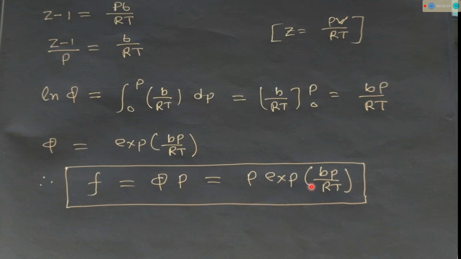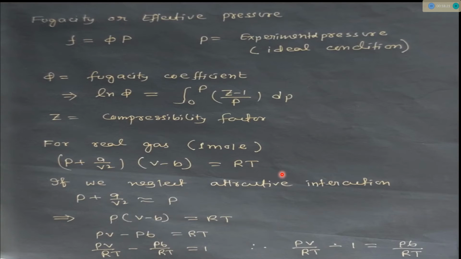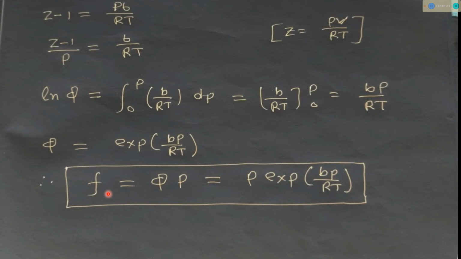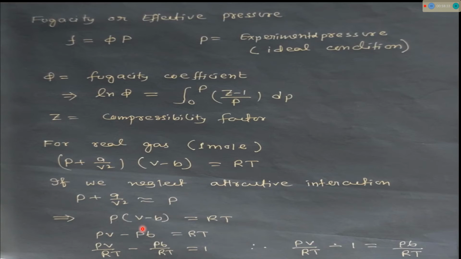This is the equation for the gas where the intermolecular attractive force is negligible, not for the whole set of equations. This value of F, or fugacity, is only for a gas where the intermolecular attractive force is negligible.